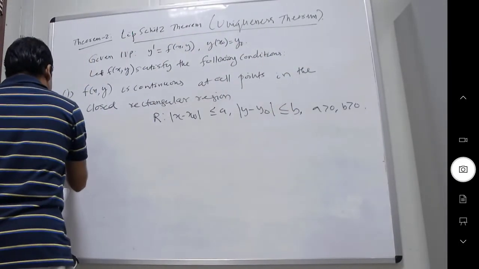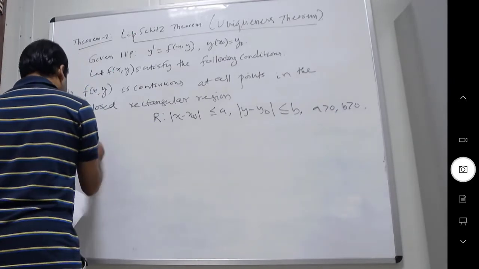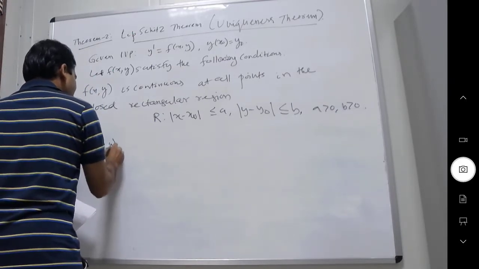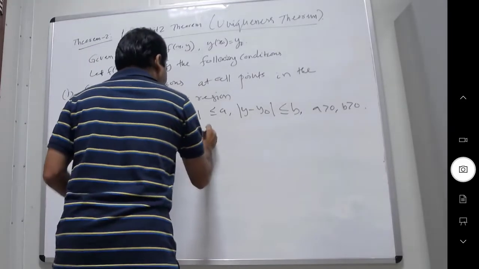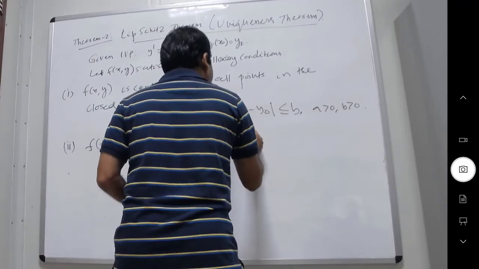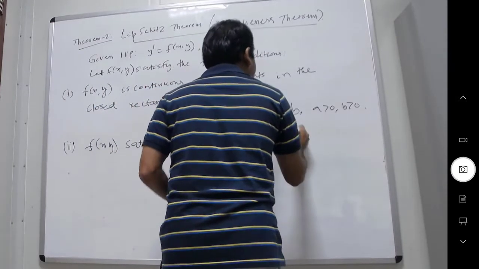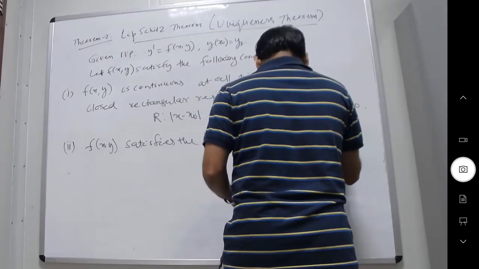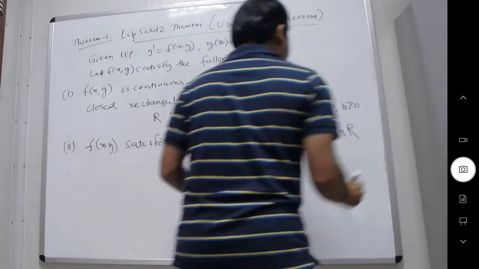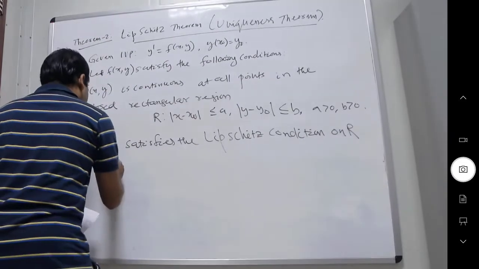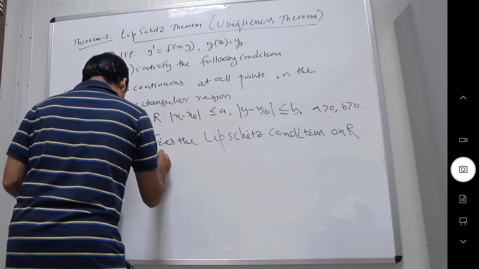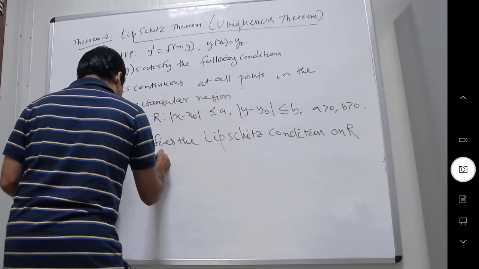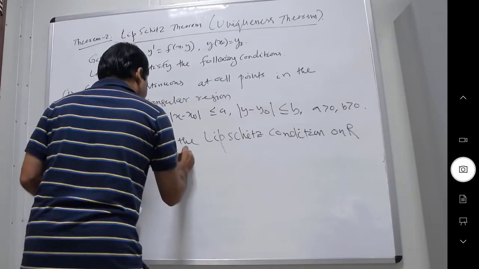Then number 2: f(x, y) satisfies the Lipschitz condition on R. Sometimes we say that f(x, y) is Lipschitz continuous.